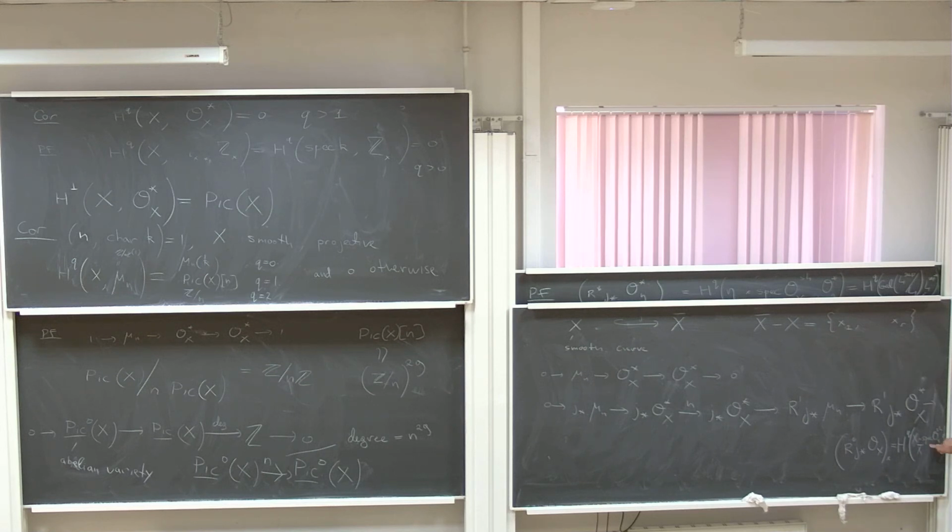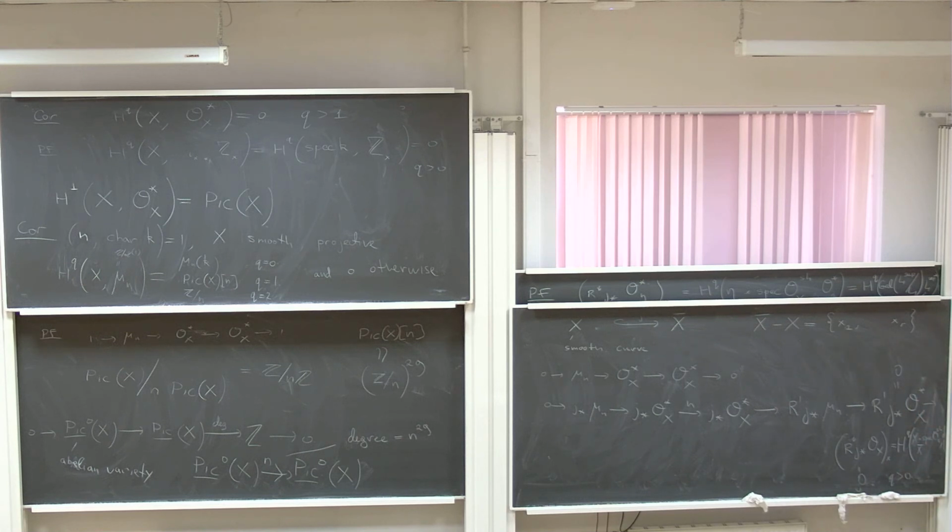So that's still the same field. That's a local ring whose maximal ideal is precisely the closed point of X bar. When you base change, there will be no non-zero ideals. It's a field. So we know that this is 0. So all these groups are 0. This is 0 when q is greater than 0.